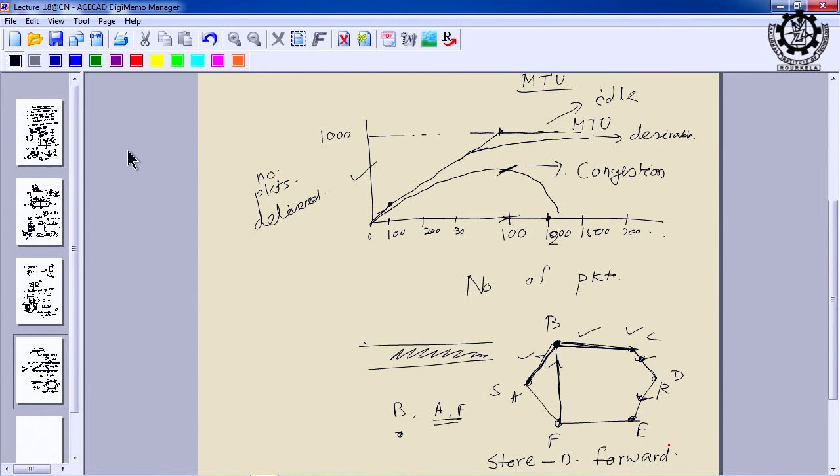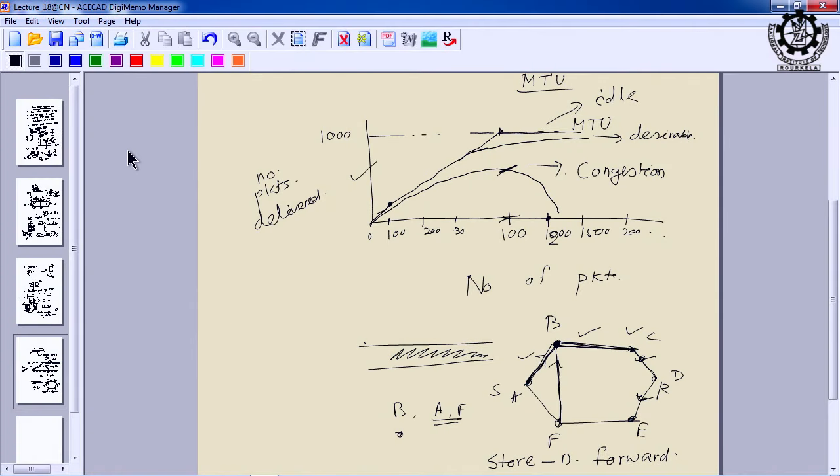It receives the packet, buffers it for a while, then forwards it. During the buffering, it builds up a queue of the packets. So when the packets come from A and F to B, they enter a queue at B, and then B forwards the packet to the next hop.